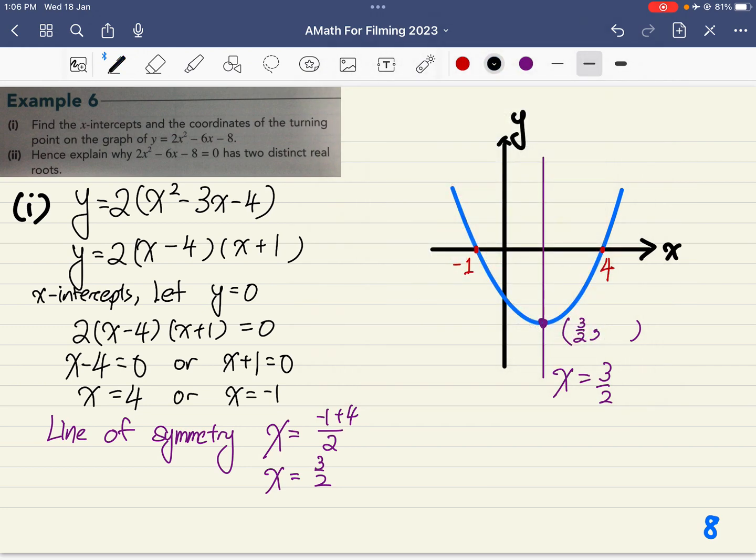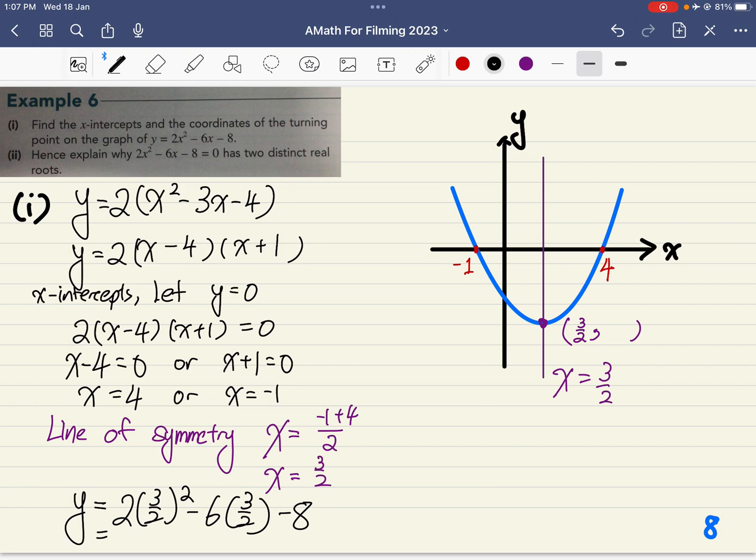So how do I find my y coordinate? I can use my 3 over 2 and substitute it into my original equation, because for this x value, 3 over 2, you can find the corresponding y value from the original equation. So my y value is equal to 2 times 3 over 2 squared, minus 6 times 3 over 2, minus 8.